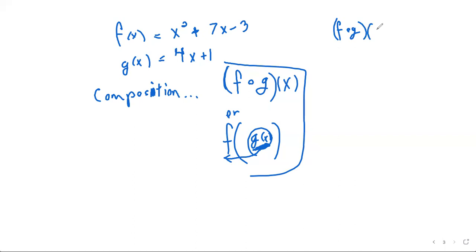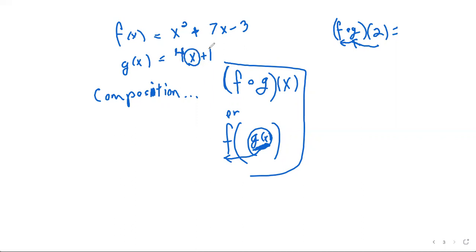Whatever I get out of that output becomes the input into the second machine. Let's see how that plays out. 2 goes into G, and then the answer from G of 2 goes into F.